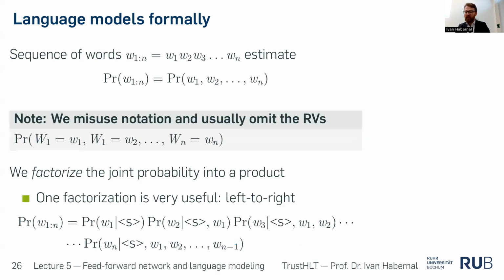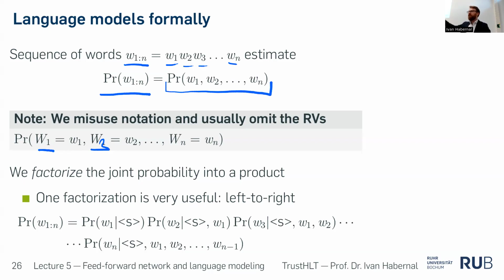probabilities to get these. So formally, we have a sequence of words, W1 to Wn, so W1, W2, and so on. And we want to estimate the probability of this joint distribution. We are actually misusing notation quite a lot here. Basically, what we are trying to compute is the probability of the first random variable, the first word, being W1, the second being W2, and the nth being this actual word.